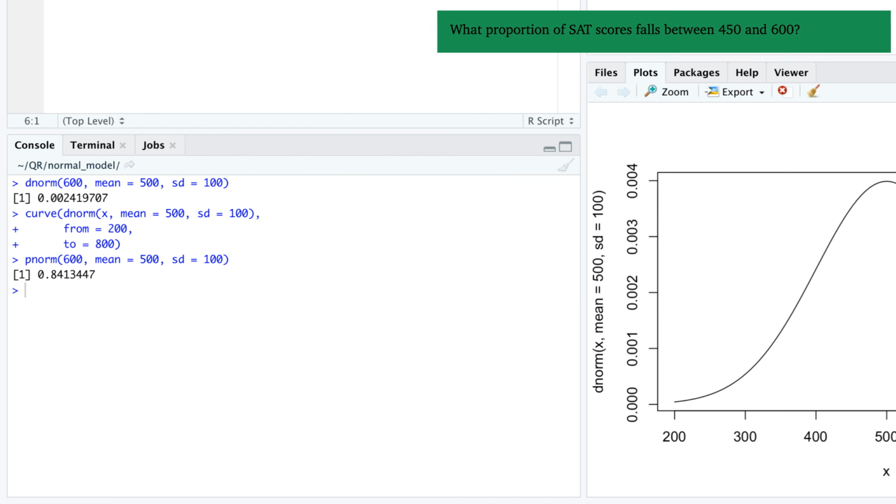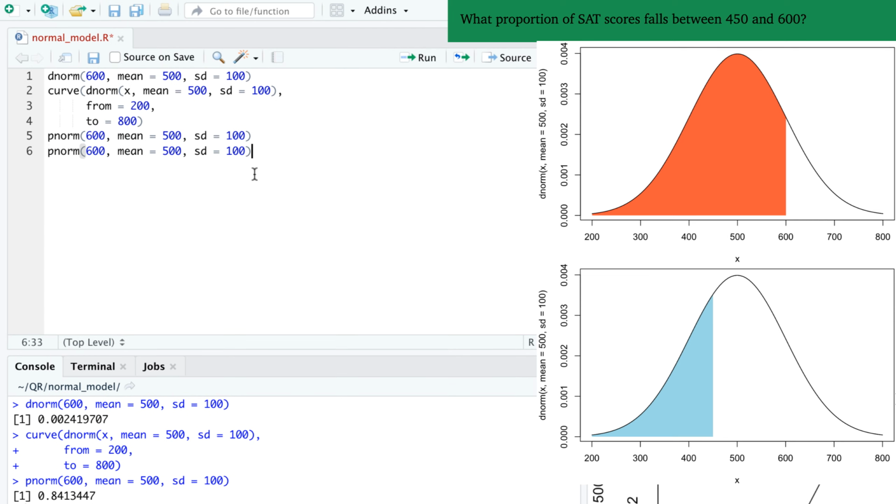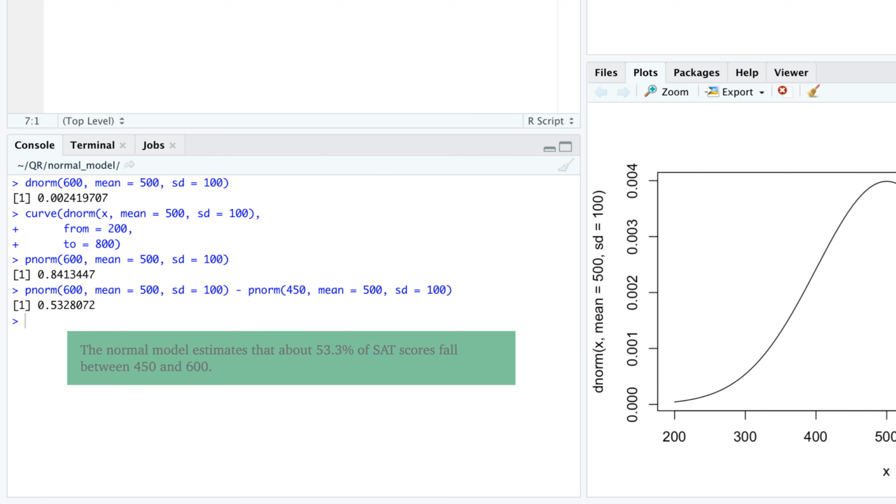The answer is equal to the red area in the upper plot minus the blue area in the lower plot. Here is how we calculate the answer with pnorm. From our previous command, we subtract pnorm(450, mean = 500, sd = 100). Our answer agrees with the textbook. The normal model estimates that about 53.3% of SAT scores fall between 450 and 600.